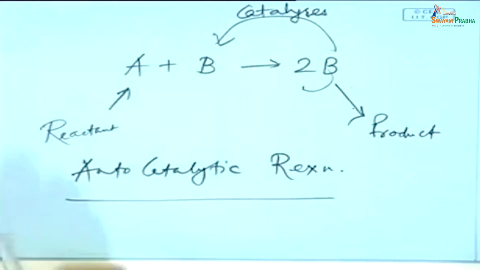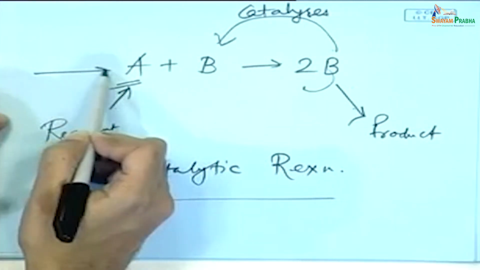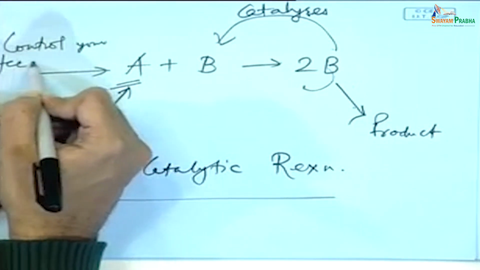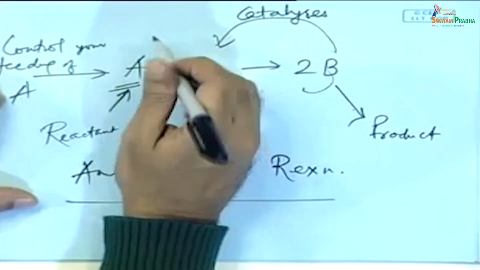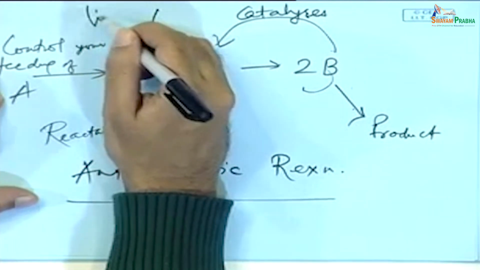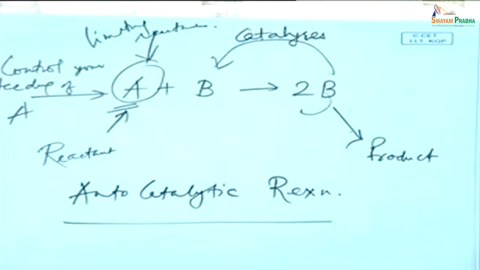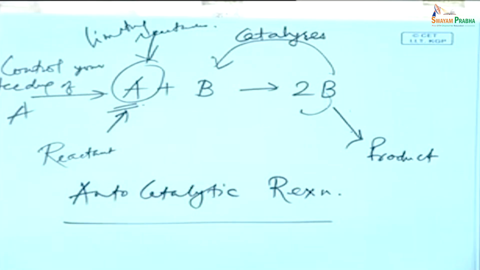But the way to stop that is to control your feeding of A. So you don't put in all the A at the start, you put it in slowly. A is now going to be your limiting reactant, and the more you limit the amount of A in the system, the more the reaction is limited.